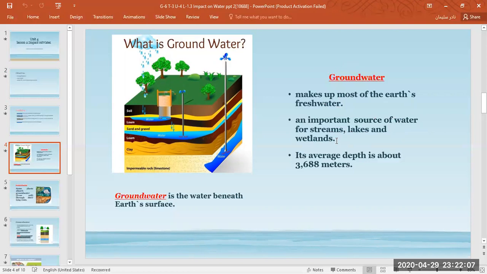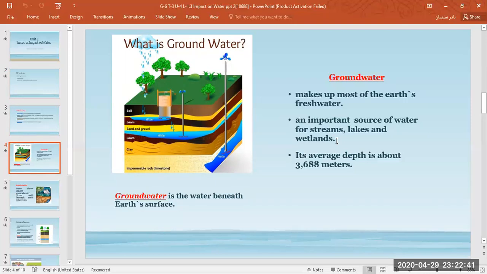You have to know, students, that groundwater is stored under the ground during rainy season. When precipitation comes to the land, water seeps down into the soil, thousands of meters, and is stored as groundwater. This groundwater is extracted by people for many uses. It is also a source for streams, lakes, and wetlands in summer, so part of this water will be released to rivers and streams.